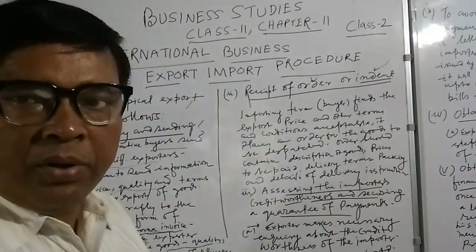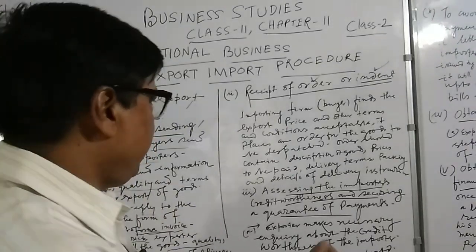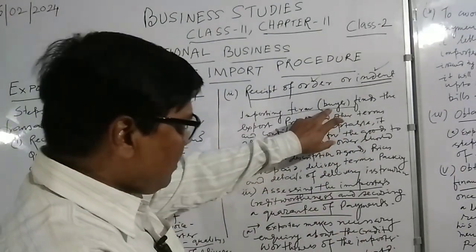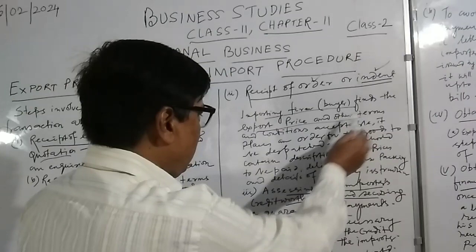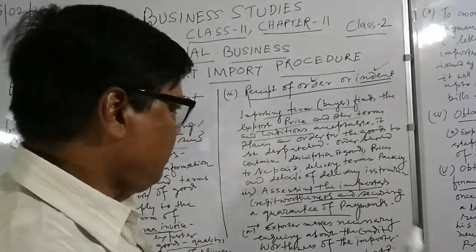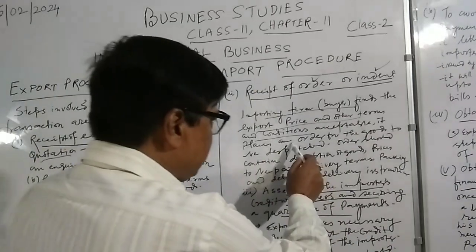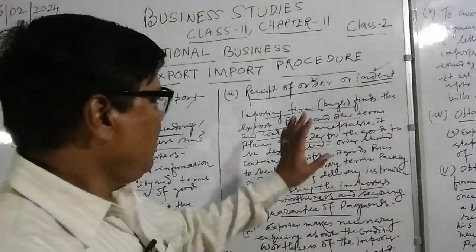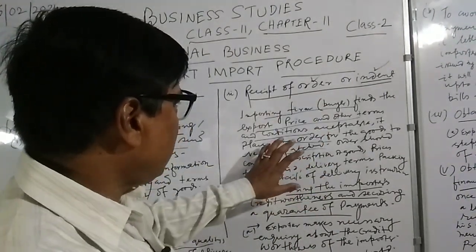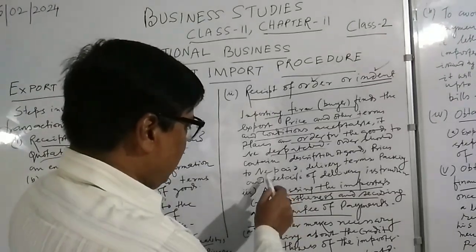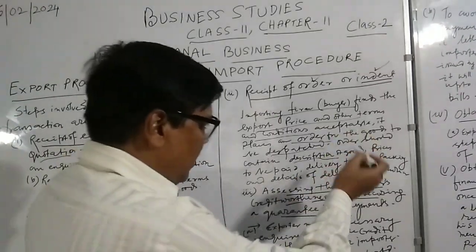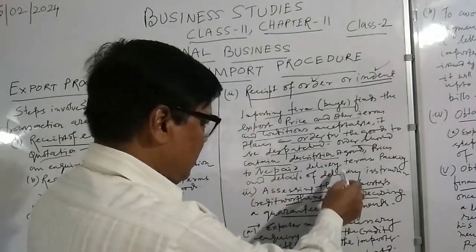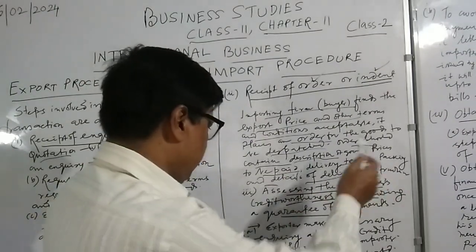You are receiving the order from your foreign buyer, which we call the indent. In that order, the importing firm, finding the export price and other terms and conditions acceptable, places an order for the goods to be dispatched. You send quotations, then your foreign buyer accepts these terms and sends the order. The order should mention the description of goods, prices and delivery terms, packing, and details of delivery instructions.